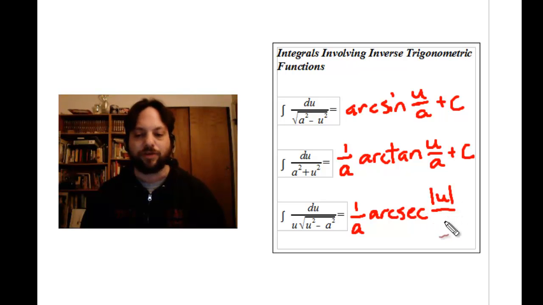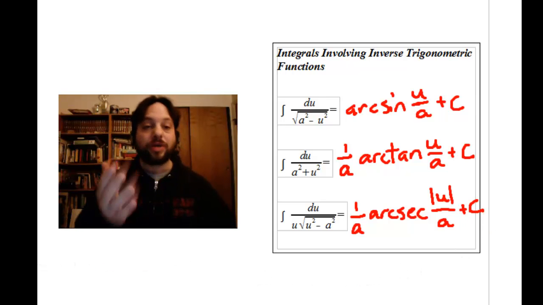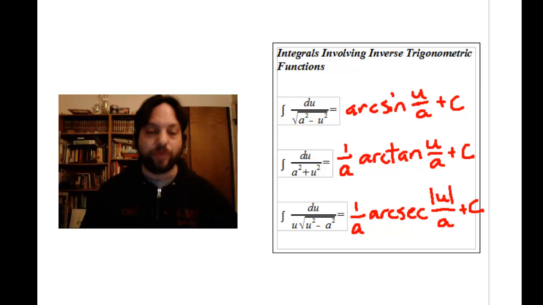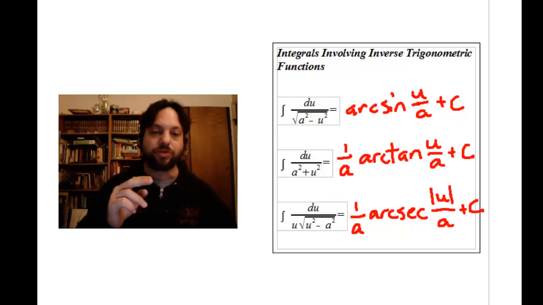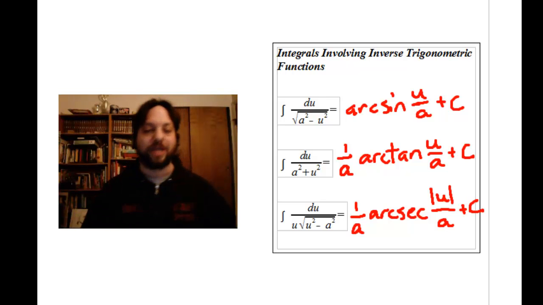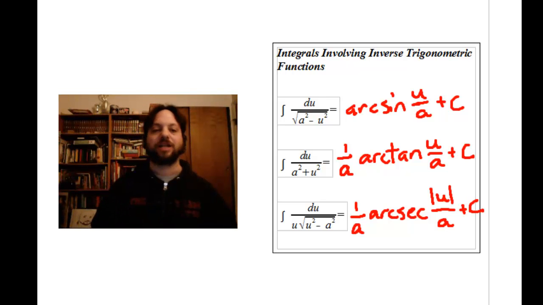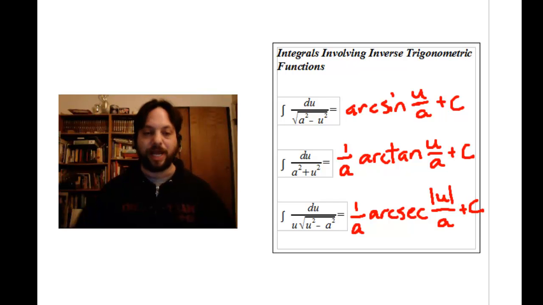It'll be the absolute value of u divided by a, and then plus c. So again, I'm presenting these to you without proof, although you should be able to differentiate all three of these results and see where the integral comes from using the knowledge that you gained from lesson 5.8.